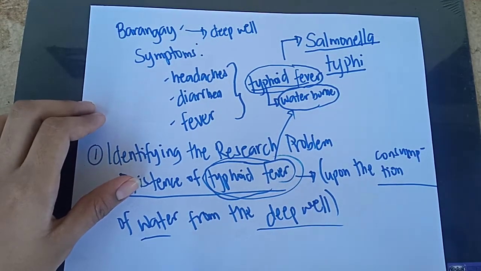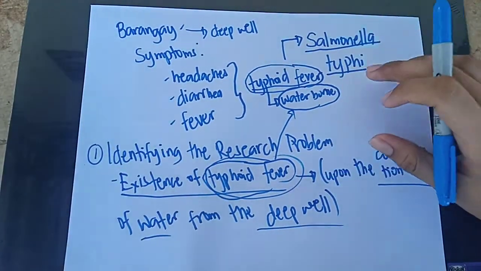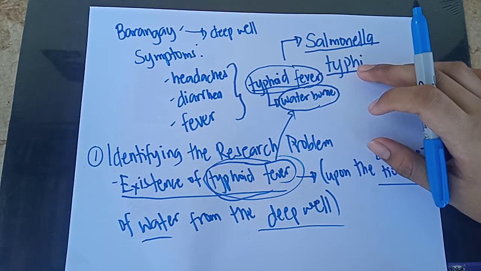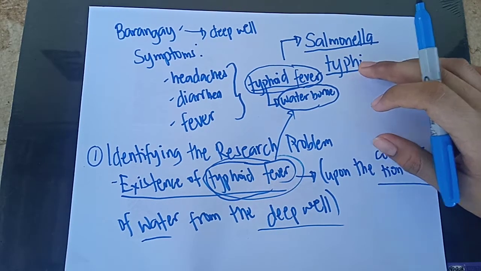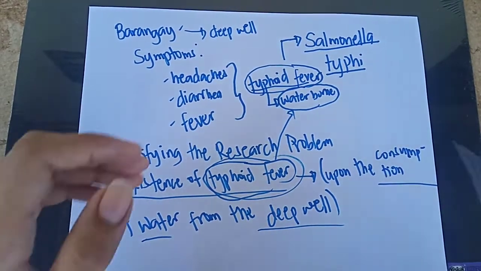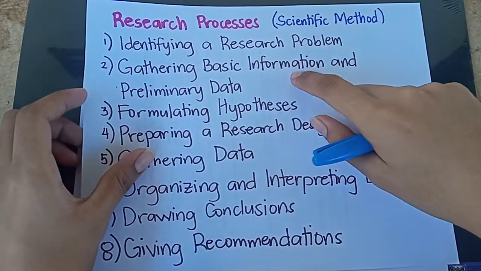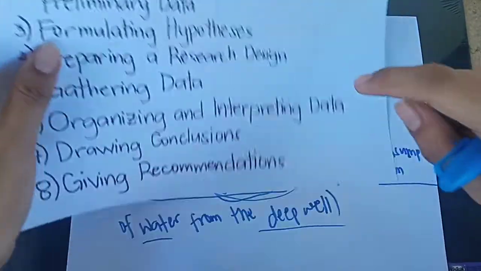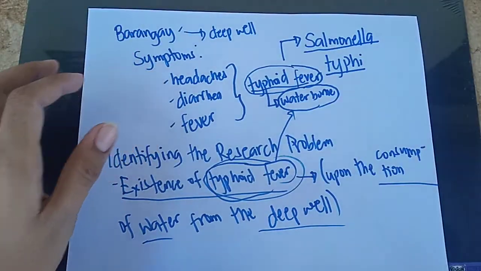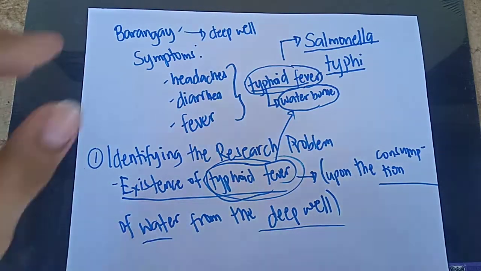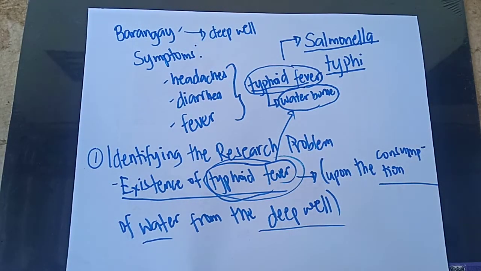Okay? So, using this preliminary example, we are now ready to gather basic information and preliminary data based from the research problem. Let us continue on another sheet of paper.